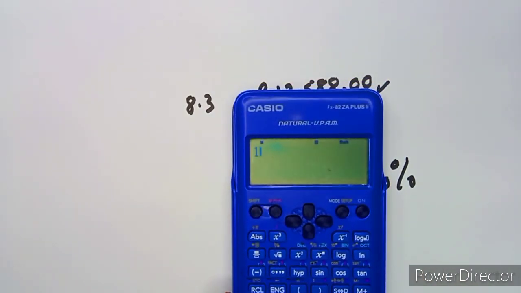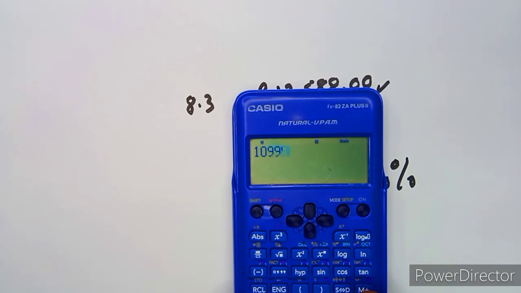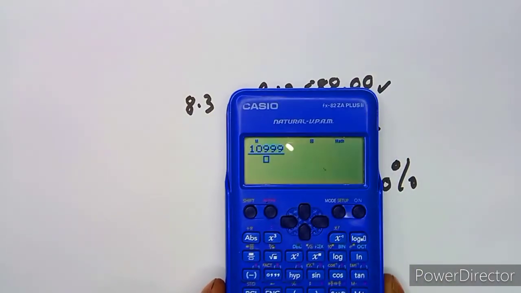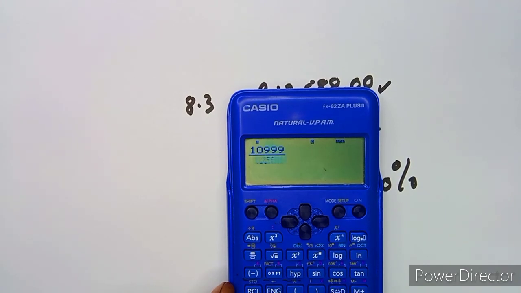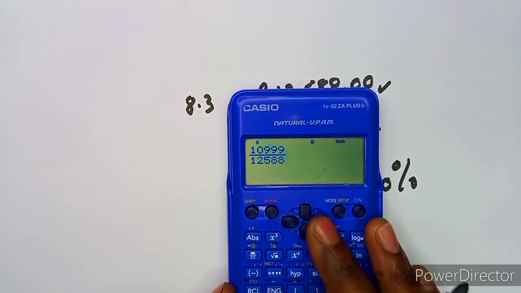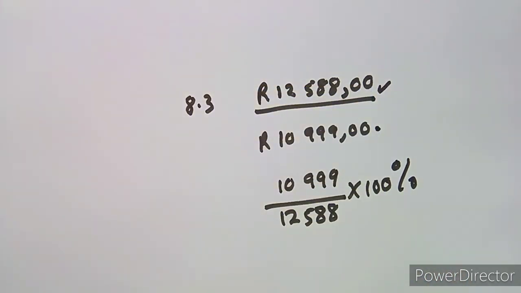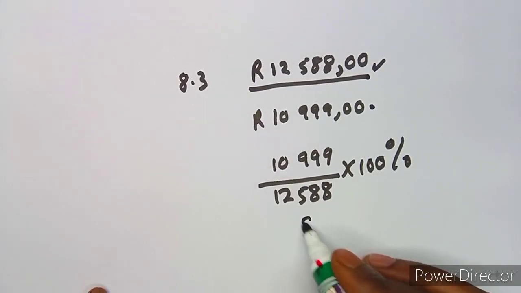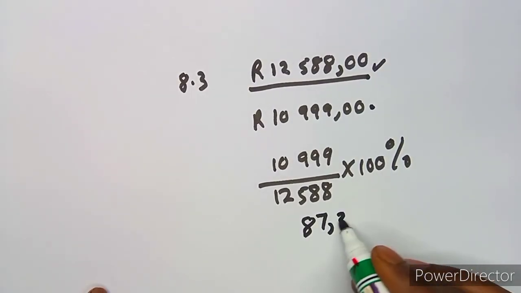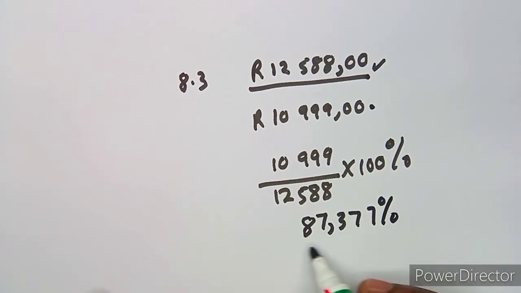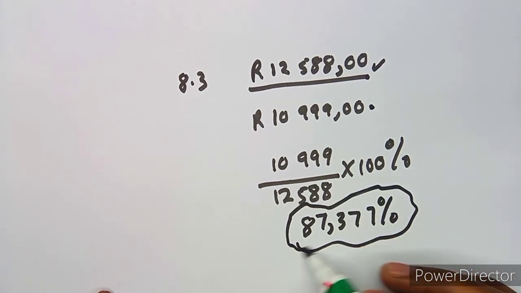Still it's one and the same thing. 10,999 over 12,588, multiply by 100%. If you multiply by 100%, you're going to obtain 87 point, which means the phone was now at 87.377%.